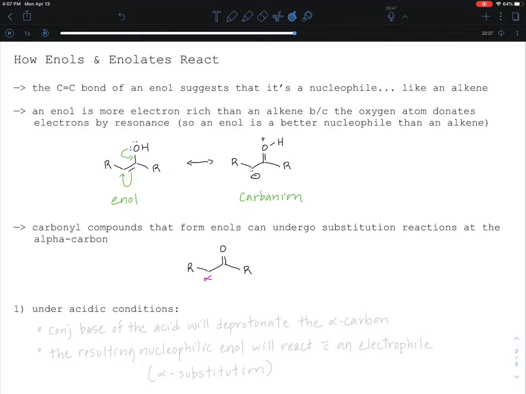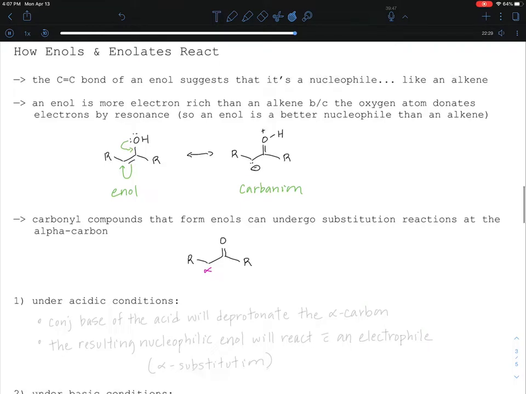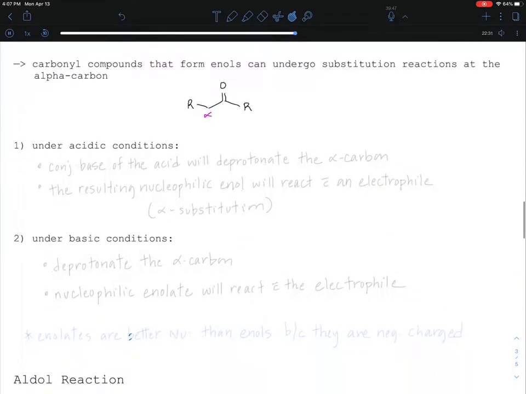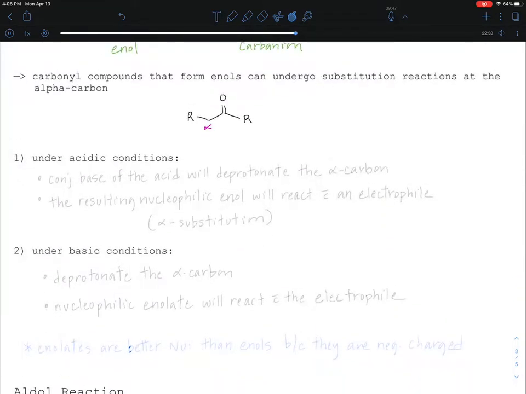So under acidic conditions, let's talk just a little bit about that. So you're going to have water removing a proton from the alpha carbon of the protonated carbonyl compound, and then the nucleophilic enol is going to react with an electrophile. So under acidic conditions, we've got water removing, or some base. Let me put some base because that's not fair.